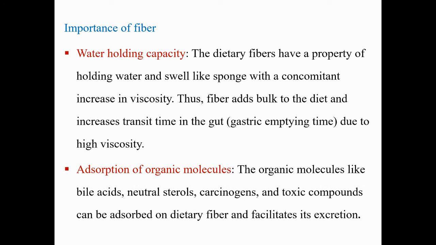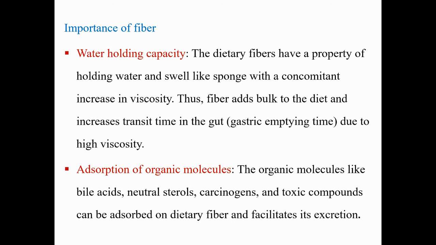After that, the fiber will be adding bulk to the diet that you have ingested. After adding the bulk to the diet, what happens? The transit time, the time for food to transit through the gut, will increase because it has high viscosity.